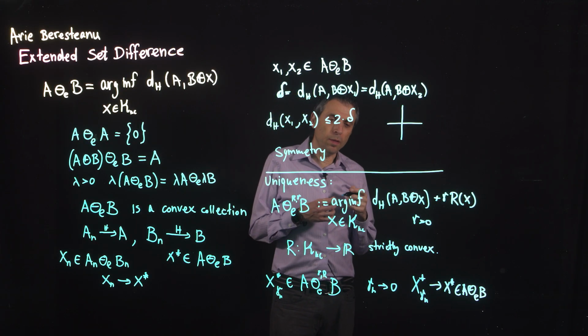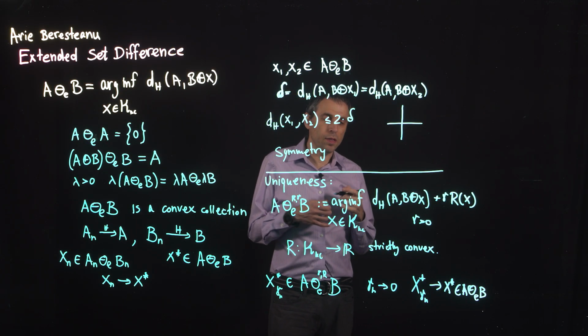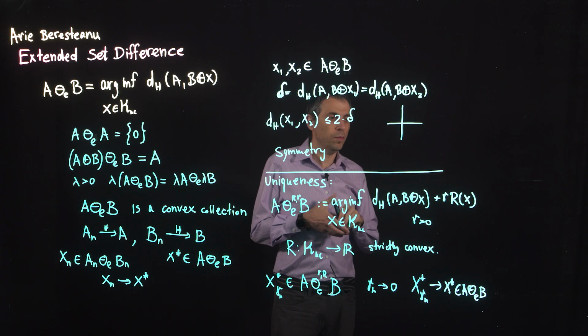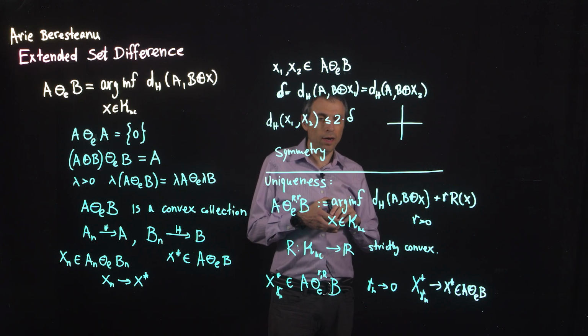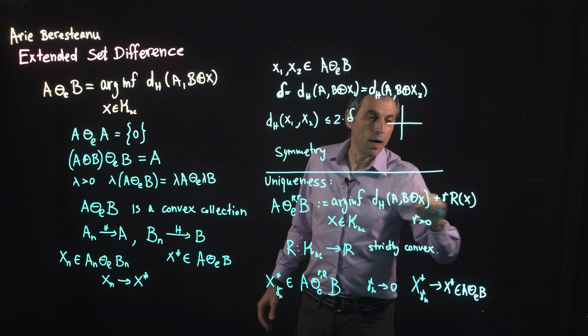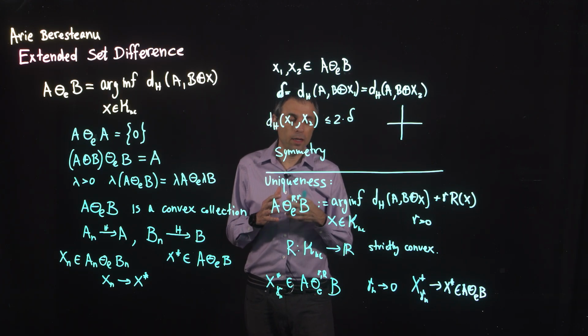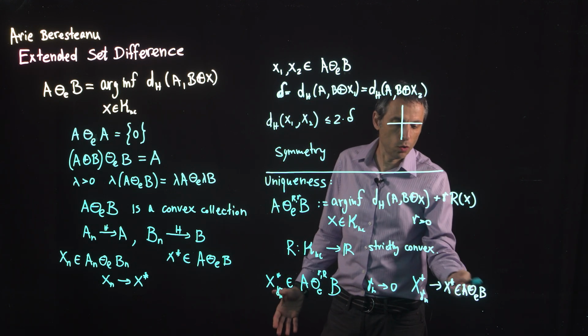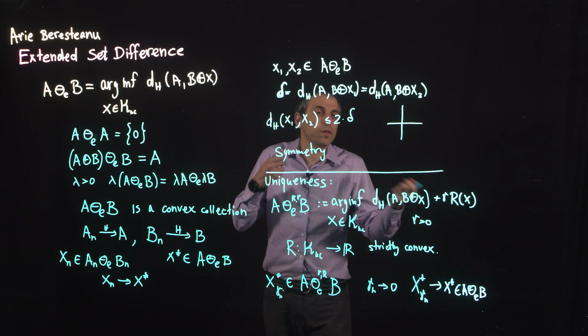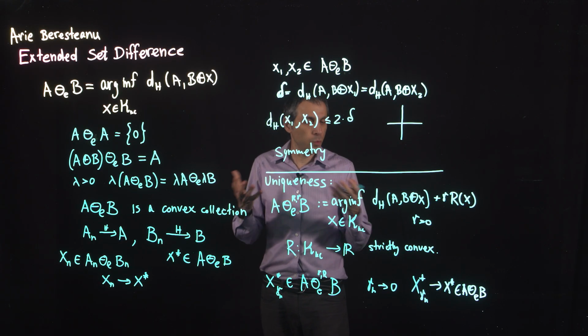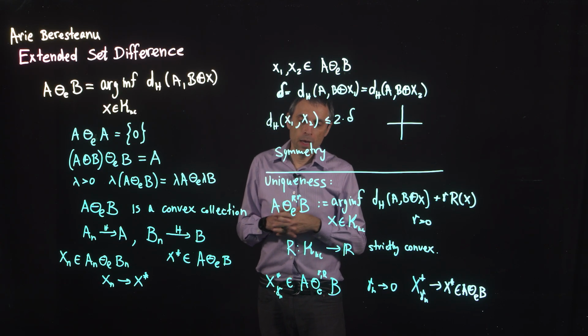So again, I send you to the paper, where you can see some natural examples, and what kind of r can be thought of here that will be strictly convex, and so on. So that's of course up to the user. As you change r, you will eventually converge to another solution in the set, and we give some examples there.